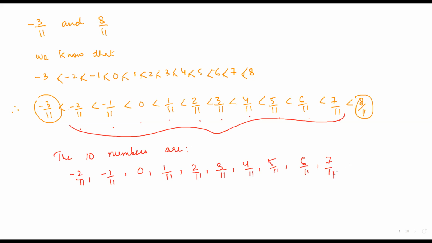So these are the 10 numbers which are falling between -3 by 11 and 8 by 11. Fine, Lakshita? Yes, ma'am. Okay.